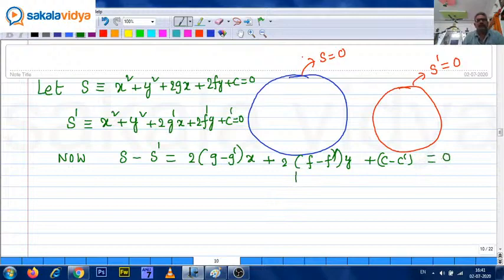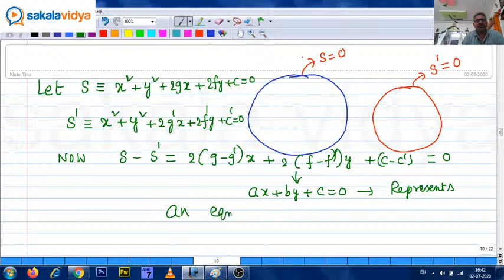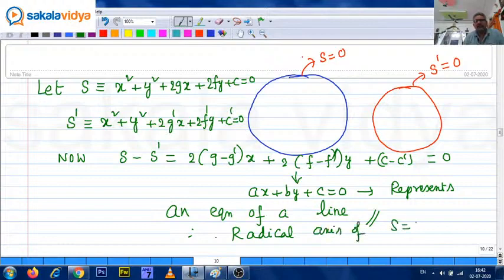It will be in the form of ax plus by plus c equals 0, so it represents an equation of a line. So now this is called the radical axis of S equals 0 and S dash equals 0.